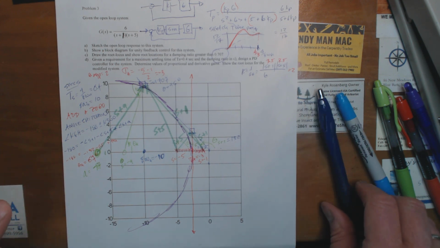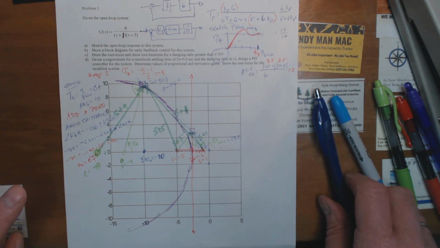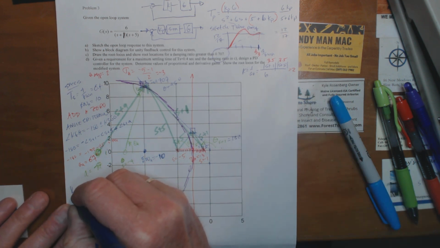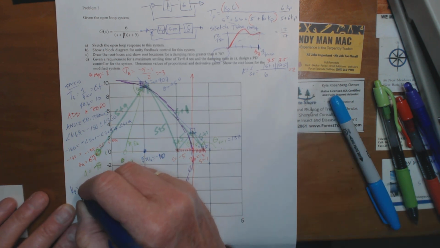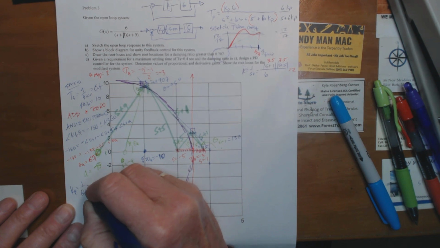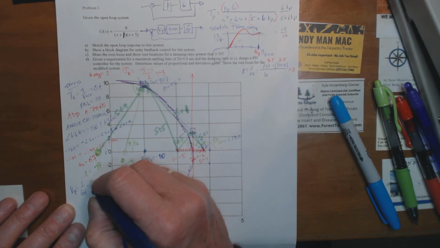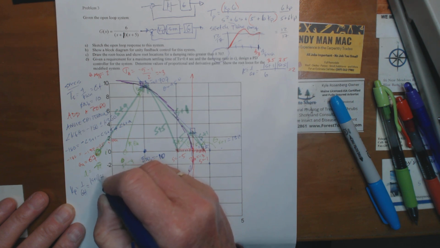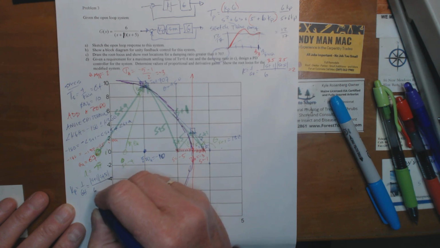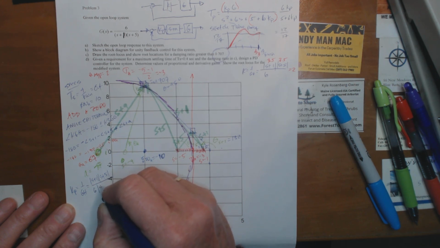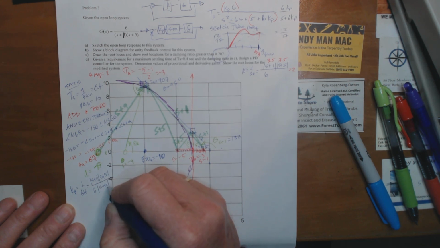Now I'm going to figure out what the gain is. Kp is equal to 1 over |GH|, which in this case is the magnitude of s plus 1 times the magnitude of s plus 5, divided by 6 times the magnitude of s plus a.